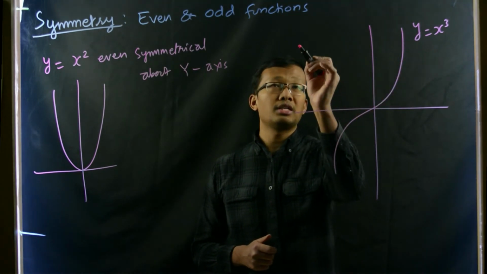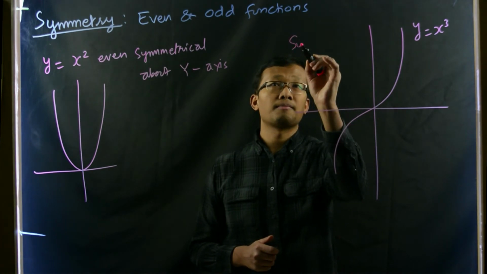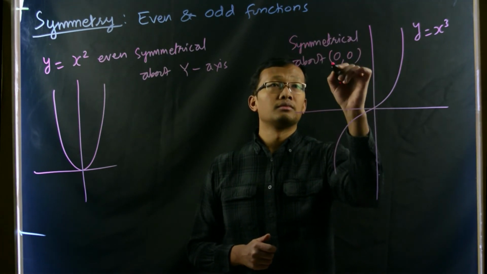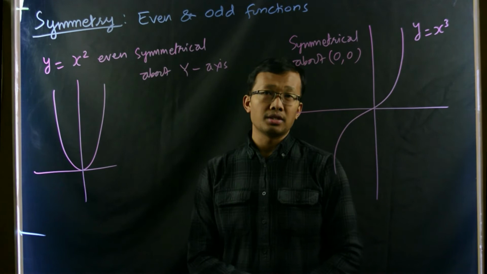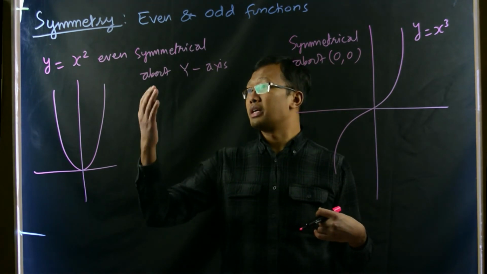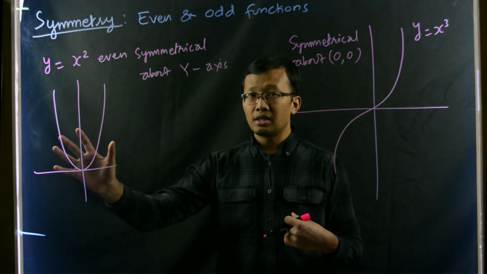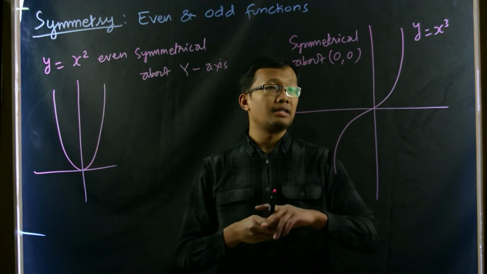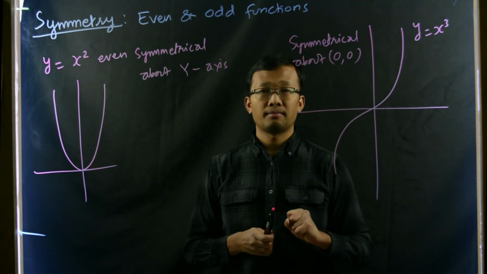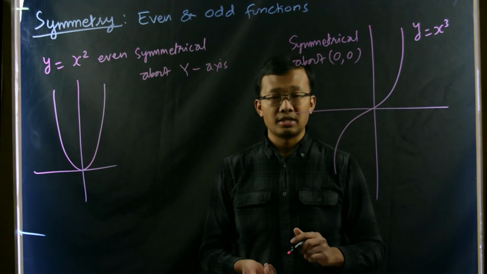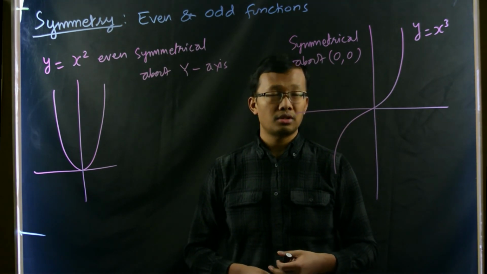Okay, so we say that this is symmetrical about the origin 0, 0. Other names for this: even is symmetrical about the y-axis, a reflectional symmetry, and this one is rotational symmetry, centered at 0, 0, rotating by 180 degrees.